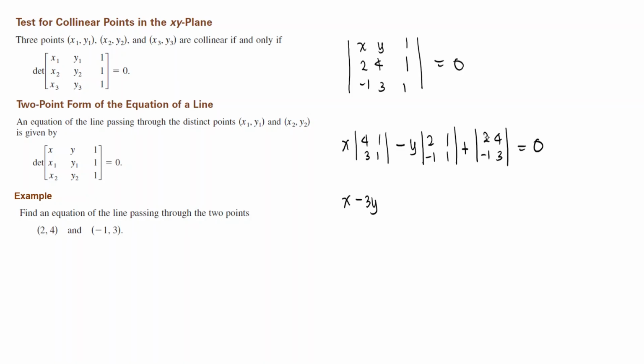And then this is 2 times 3, so 6 minus negative 4, so that is 10. So that's plus 10 equals 0. Thus, the equation of the line is x minus 3y equals negative 10.